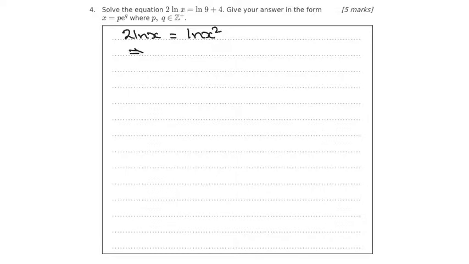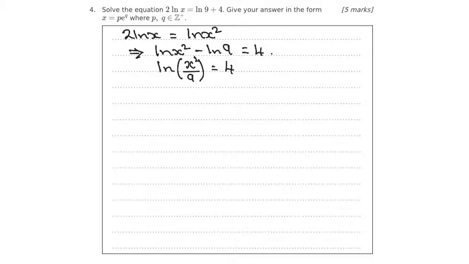So therefore we've got log x squared minus log 9 is equal to 4. Use the subtraction rule, which means log x squared over 9 is equal to 4.